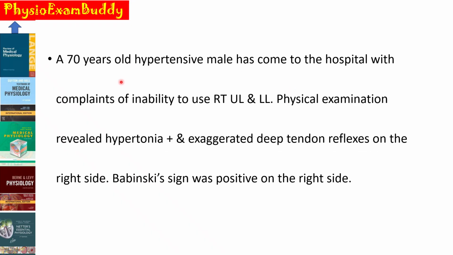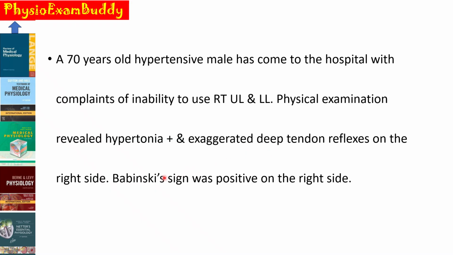And the second one is again a 70-year-old hypertensive male who has come to the hospital with complaints of inability to use right upper limb as well as lower limb. And the physical examination here revealed hypertonia, that is increased tone on the right side, along with exaggerated deep tendon reflexes on the right side.